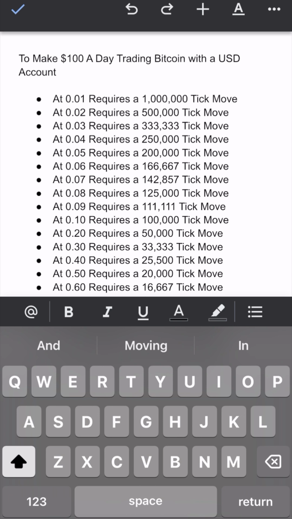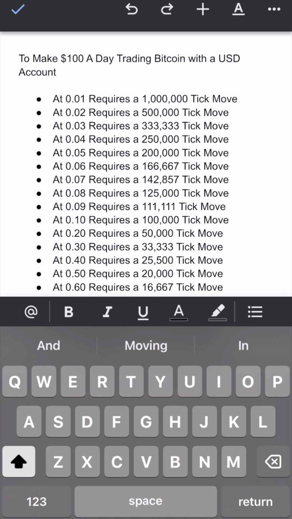Now this first one right here, we have to do a 0.01, and 0.01 is basically from point A to point B in your trade, 1% of whatever the difference is.